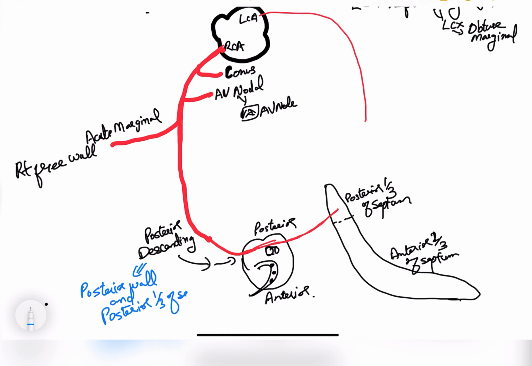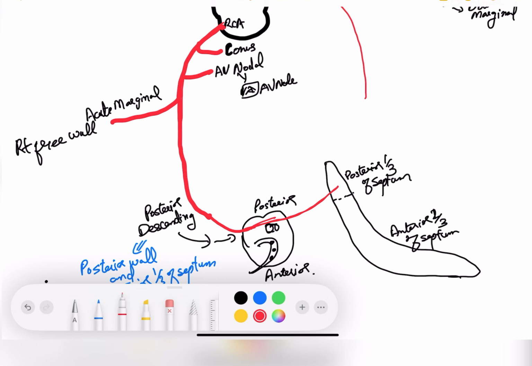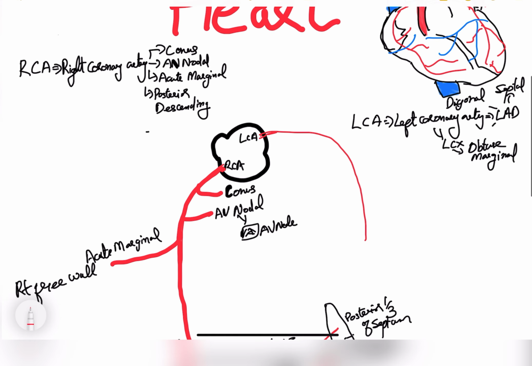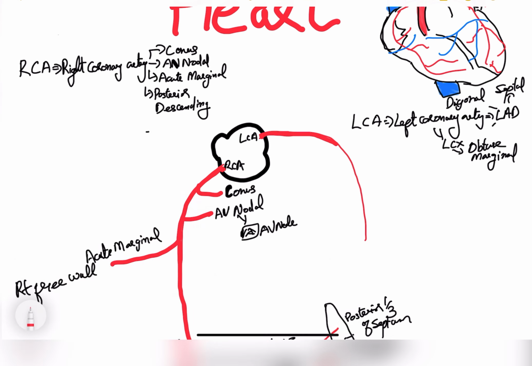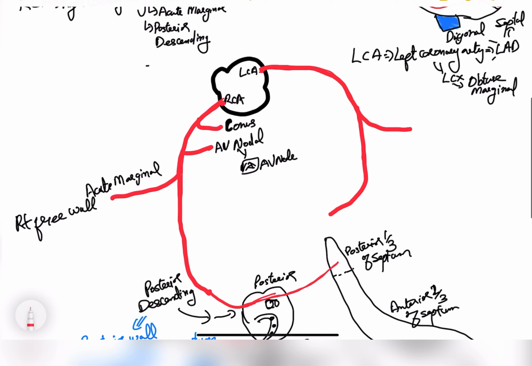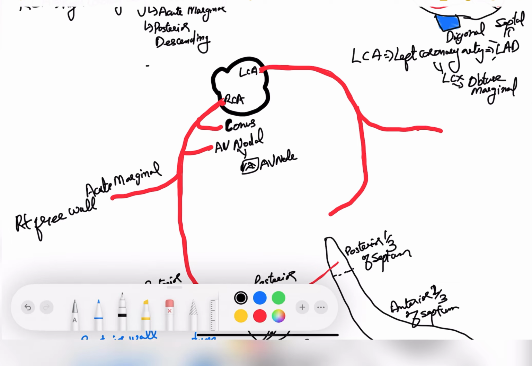Now let's go on to the left coronary artery. The left coronary artery divides into LCx and LAD. The LCx further divides into obtuse marginal artery.